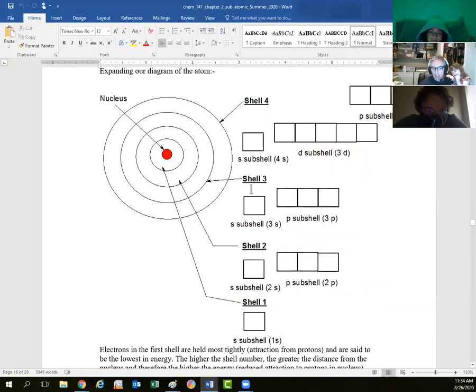Okay. Now, the order that they appear is always the same. So don't be overawed by this. What we're going to do on Friday is show how we can use the shape of the periodic table to make this all very simple and easy, okay?